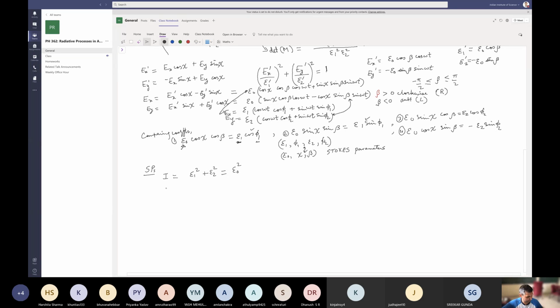The second Stokes parameter is Q, Stokes Q. This is equal to epsilon 1 squared minus epsilon 2 squared.